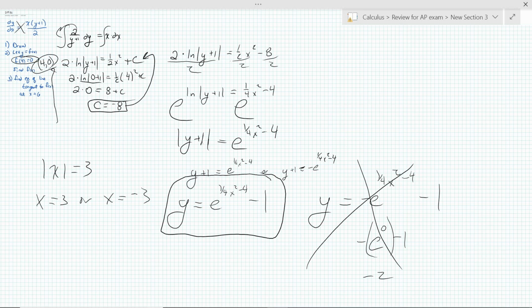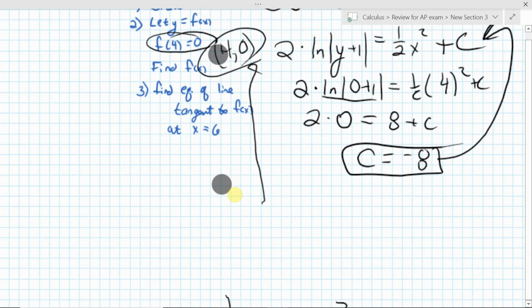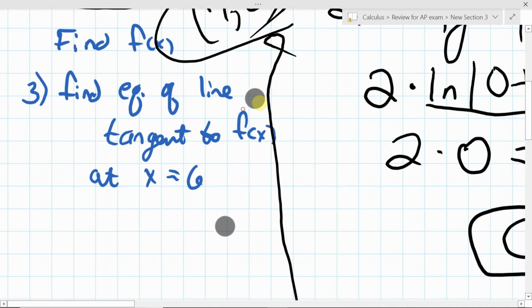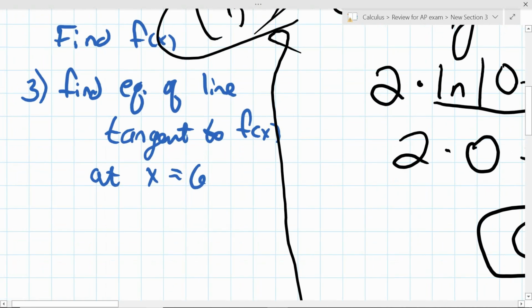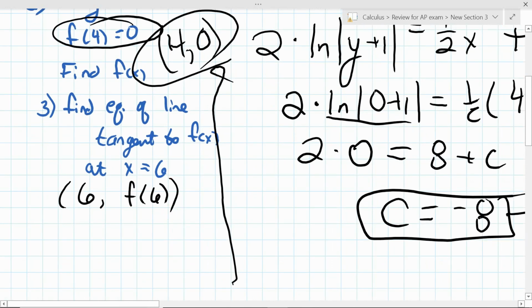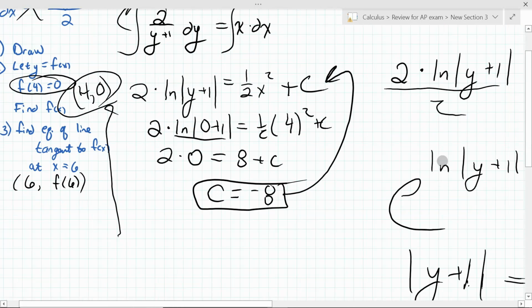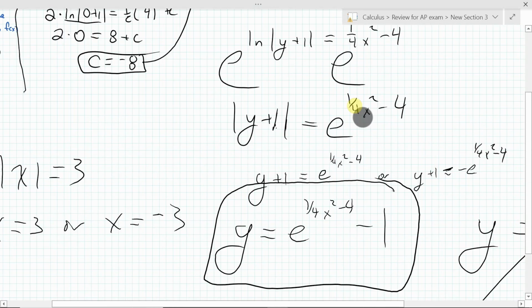our solution. Now, the third part of the question that I asked was to find an equation of the line tangent to f of x at x equals 6. So if I want to find a tangent at some point, well, I need the point. I need 6 comma whatever. So the first step is to go to the equation we just made and figure out what f of 6 is.